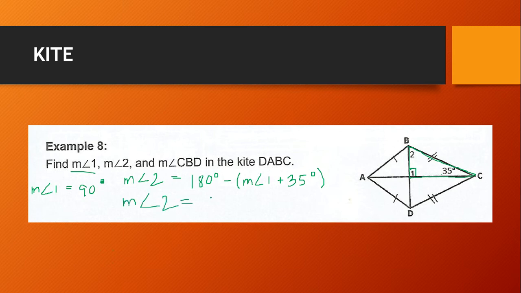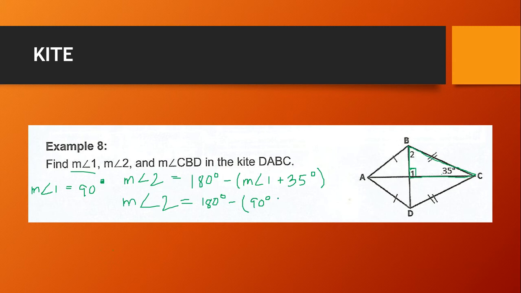Then the measurement of angle 2 equals... we could use parentheses, so that is 180 degrees. Wrong, we should not use parentheses, because we must add first before we subtract. So again, 180 minus the measurement of angle 1, that is 90 degrees, so we don't use parentheses because you must add first before you subtract.